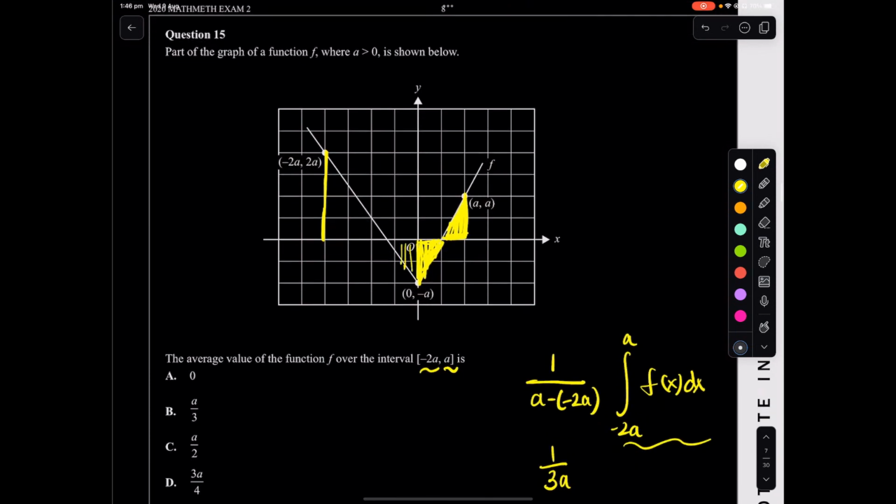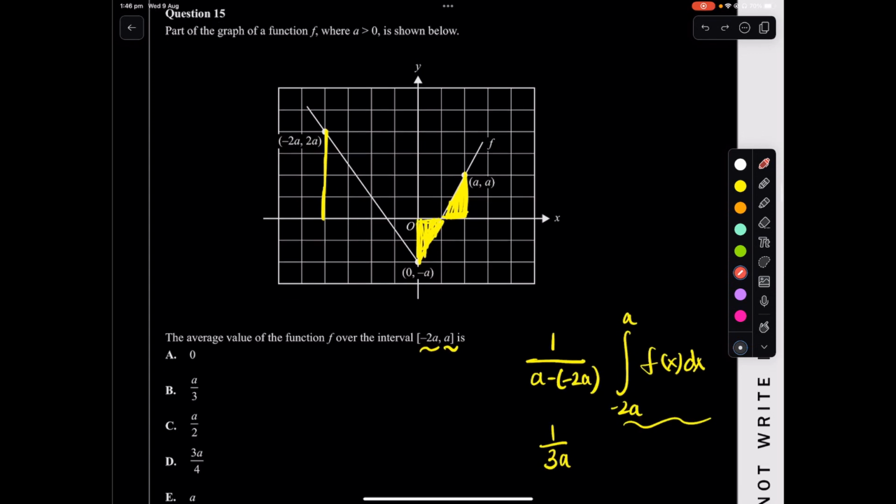This area over here, does it cancel out with this one? Nope. They don't look the same. Well, actually, this area over here cancels out with this area over here. And we only get that, and we just need to find that value over here. Nah, it doesn't work like that.